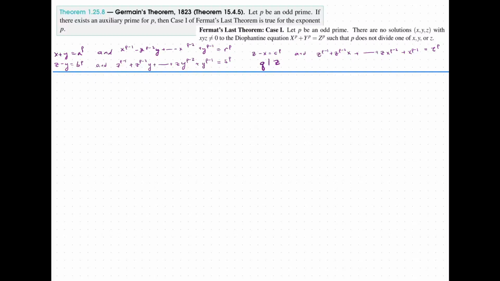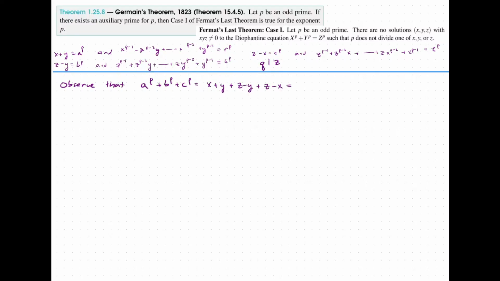So let us now go ahead and consider a to the p plus b to the p plus c to the p. So observe that a to the p plus b to the p plus c to the p is equal to x plus y plus z minus y plus z minus x, which simplifies.